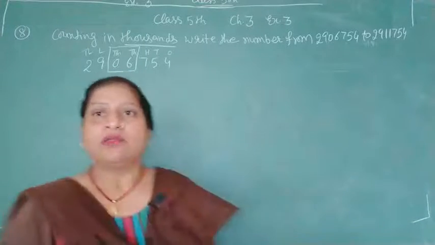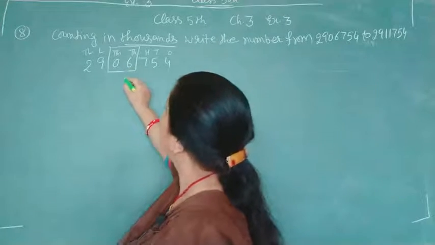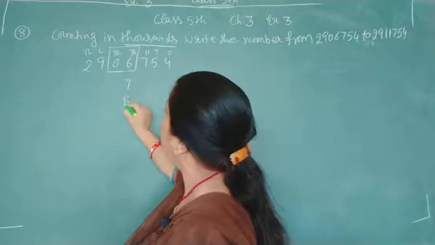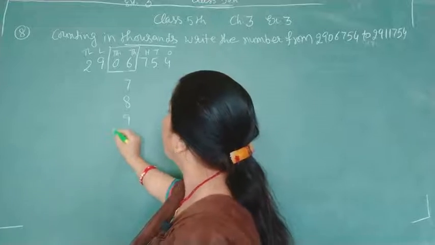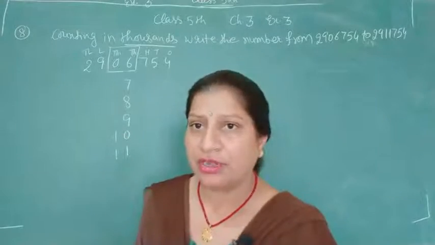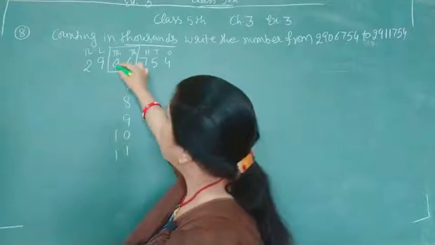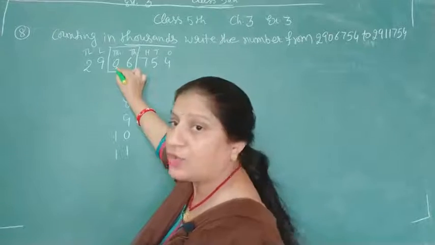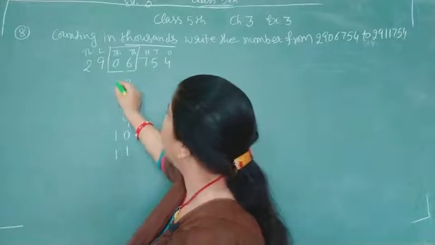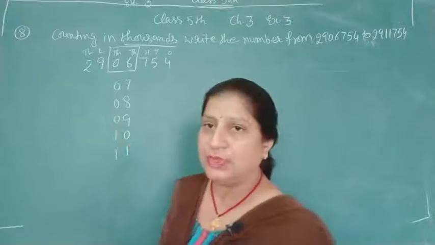First of all, we write 6. After 6, we get 7, then 8, then 9, then 10, and after that the number is 11. We write the number like this. Now we see here that the 10,000 place is 0 here, so we fill this place by putting 0.